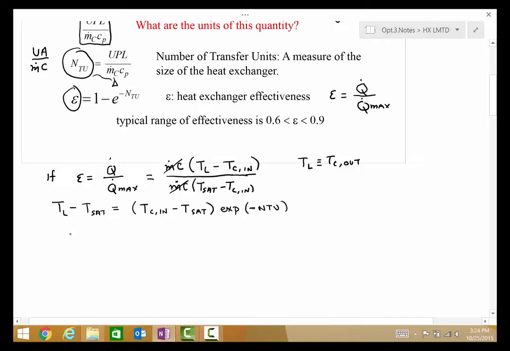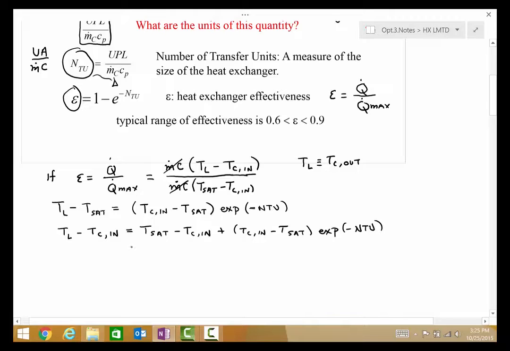You see pretty easily that if we subtract off Tc in from this, and we add Tsat to the other side, then we'd have plus Tc in minus Tsat times exponential of minus NTU.